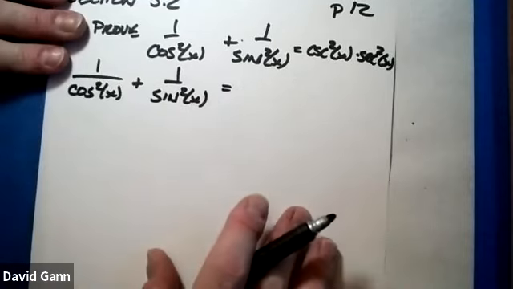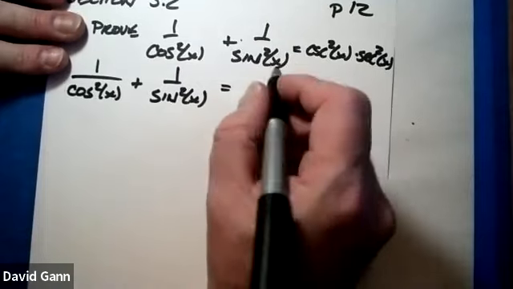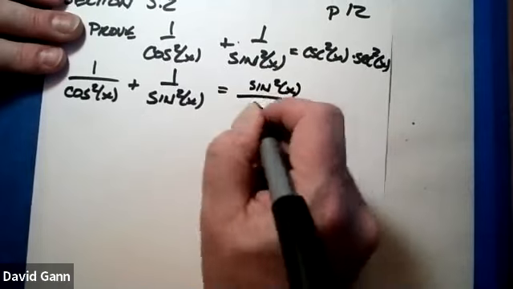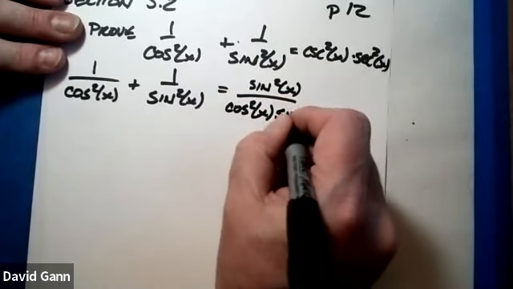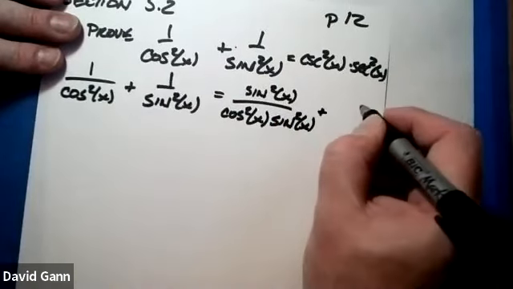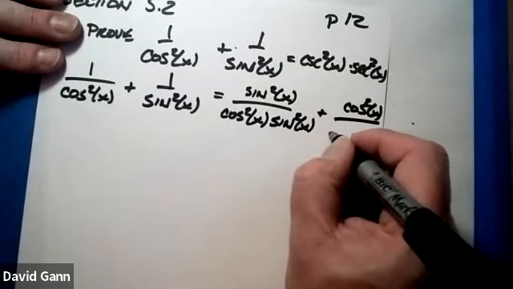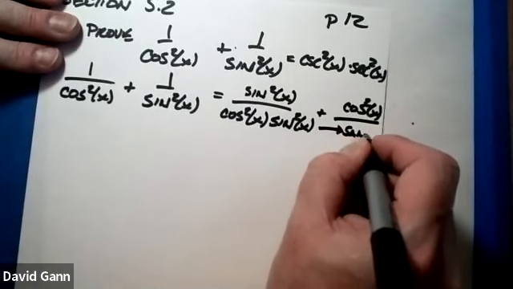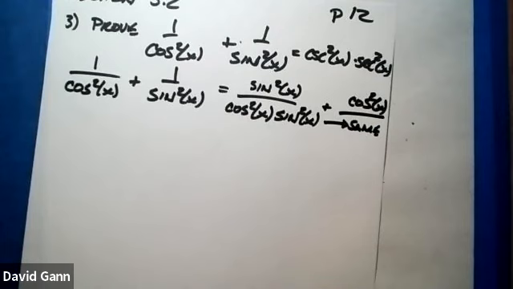I'm not going to show every single step, but basically you're going to end up with sine squared of x plus cosine squared of x over cosine squared of x times sine squared of x. That's the least common denominator coming in there.